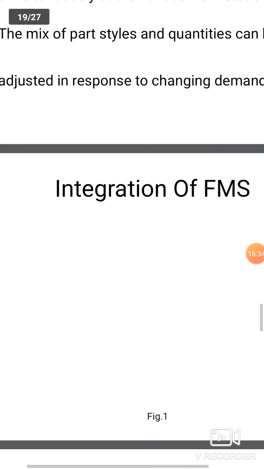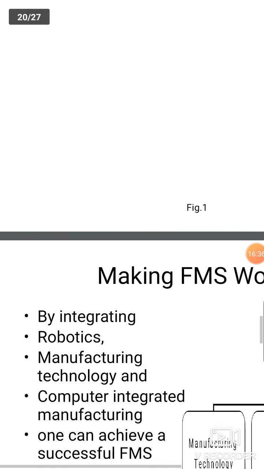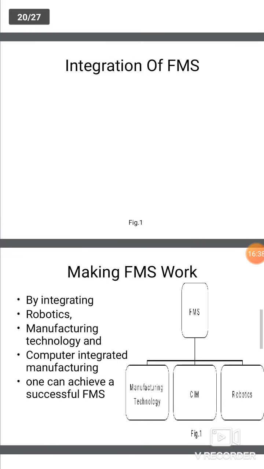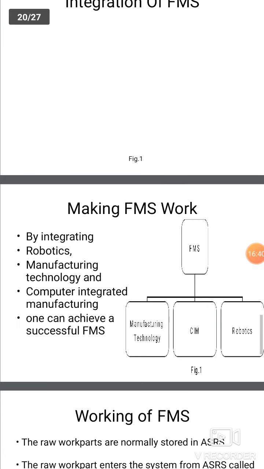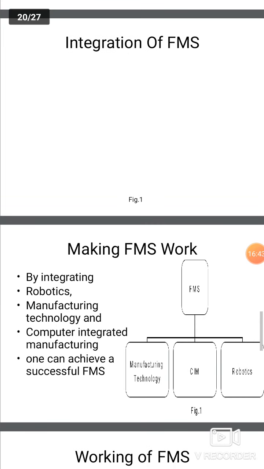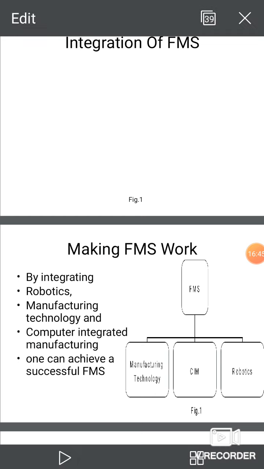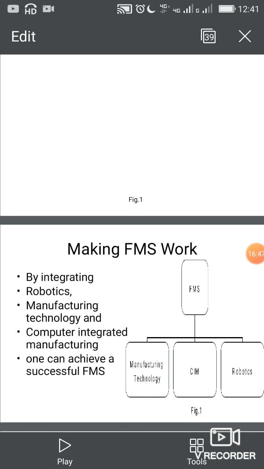Next one is integration of FMS. What is the integration of FMS? Integration of FMS means the FMS concepts include many of the advanced technologies that we met in previous units, that is CNC machine, NC machine, including flexible automation.